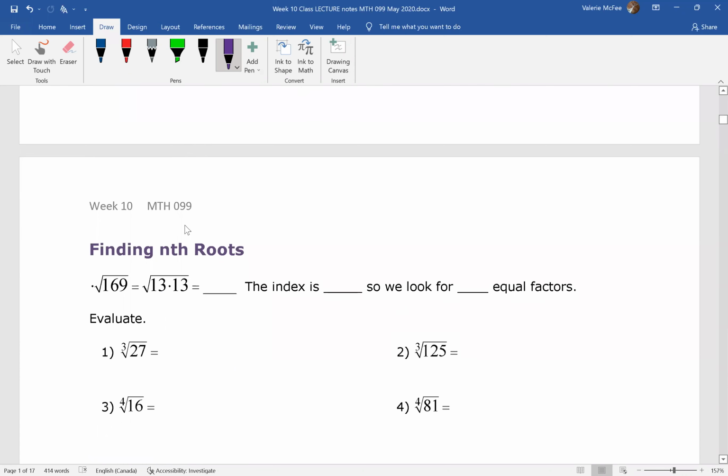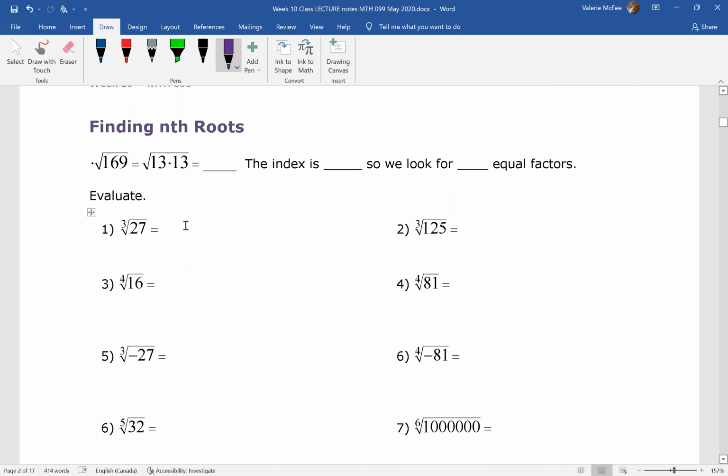Let's look at some examples here. The square root of 169. Did you know that was the square root of 13 times 13? This equals 13 because we have an index of 2 and there are 2 factors of 13.